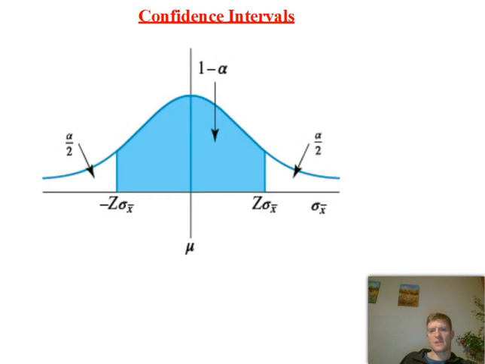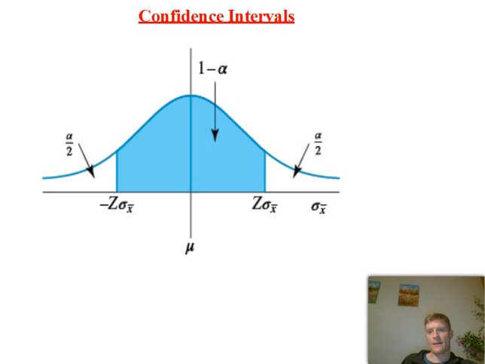So let's consider the confidence interval from the z curve. From our normal distribution, the 1 minus alpha is the probability on which we're forming our confidence interval.